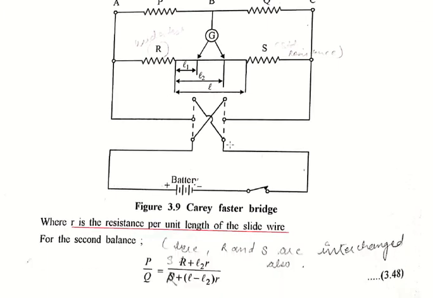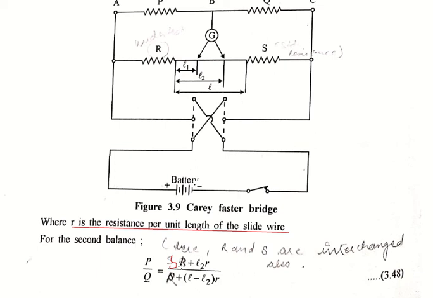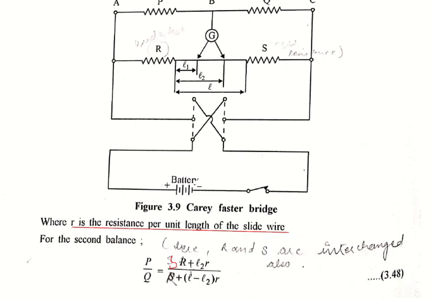So our equation is P by Q equals S plus L2 r divided by R plus (L minus L2) r.